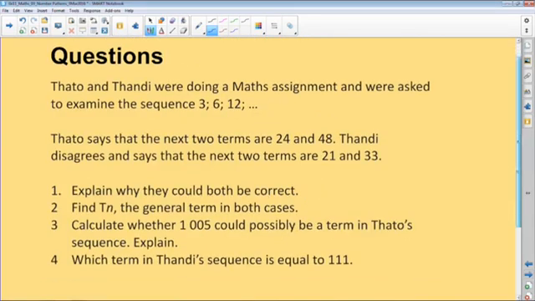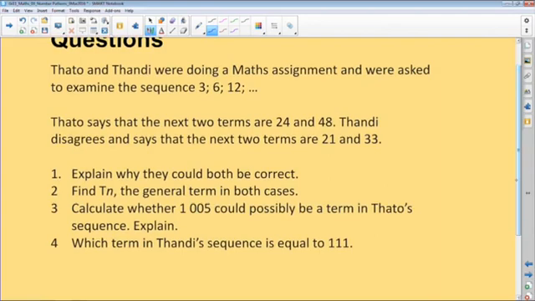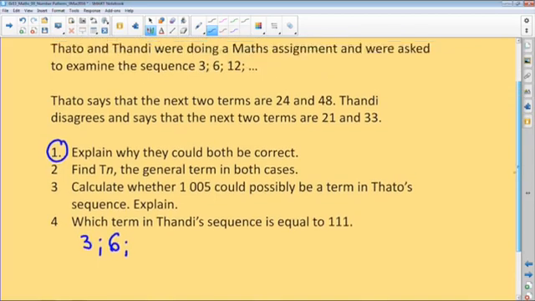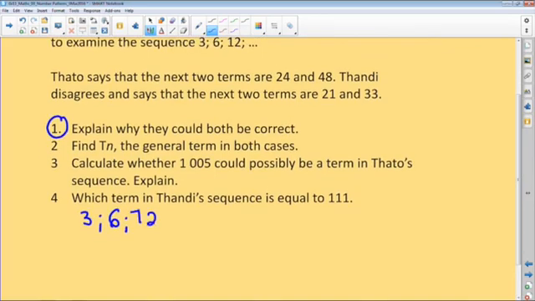Okay, right? We're still on the same question. We've done the first problem together. Find Tn, the general term in both cases. In case number 1, which is Thandi's 3, 6, 12, 24, Thandi has got a common ratio of 2.